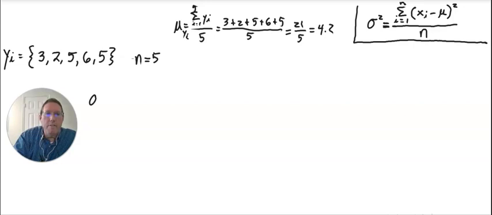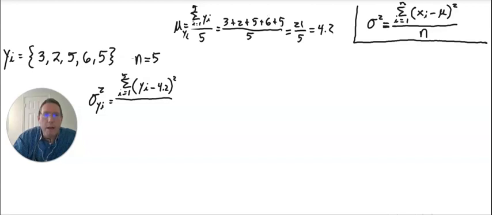So now to identify the variance of y sub i, we go from i equals 1 to 5, sum each y sub i minus 4.2, square each one of those, and then divide the whole thing by 5. All right, so let's do the first one. Our first, y sub 1, is 3.